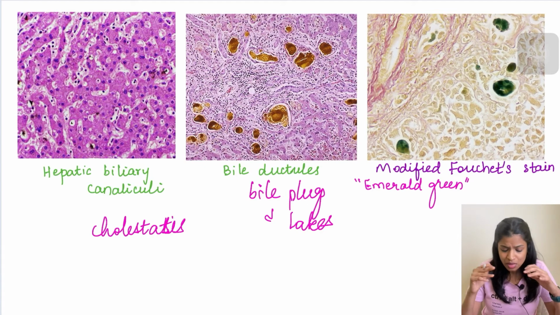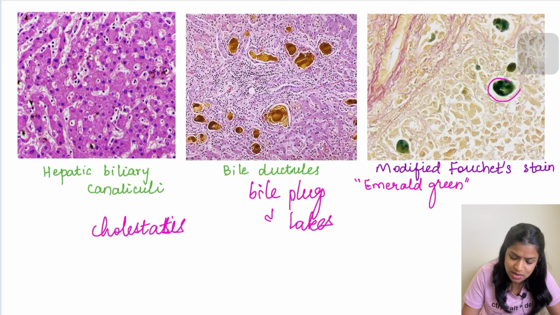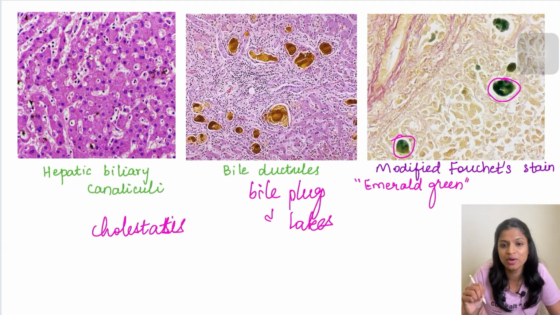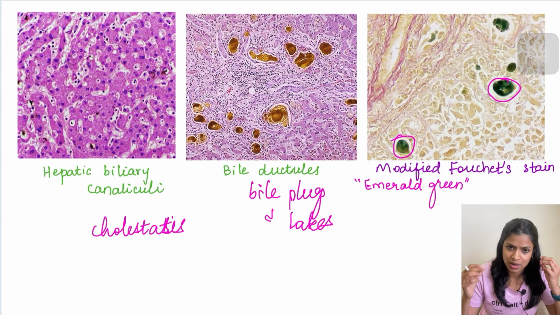Okay, and this bilirubin can be highlighted by a special stain called modified Fouchet stain. This Fouchet stain will give an emerald green color. So here again this emerald green color is the bilirubin which is being highlighted in the bile ductules. Okay, so bilirubin again is a yellow brown pigment which is present in the liver, especially in cholestatic conditions we can see it, which is highlighted by the Fouchet stain.